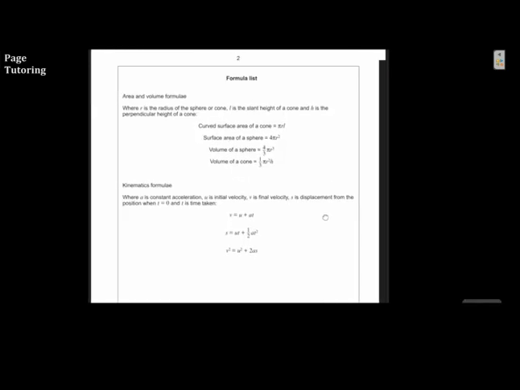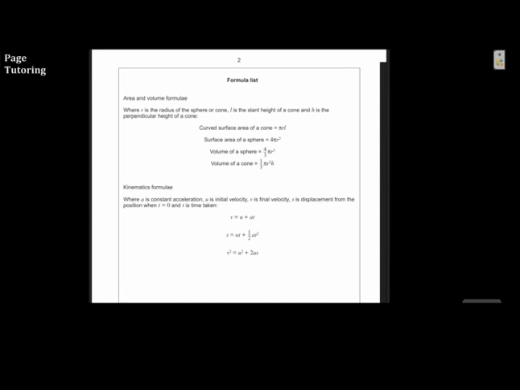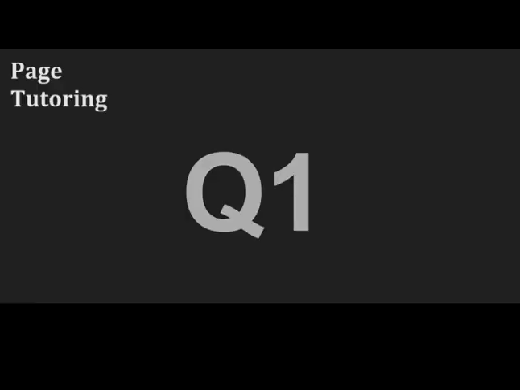I'm just going to zoom in a little bit here so we can see better. This formula list has some areas and volumes, so you don't need to memorize them. You have some kinematics formulas too, used for calculating distance and speed. Without further ado, let's get started.